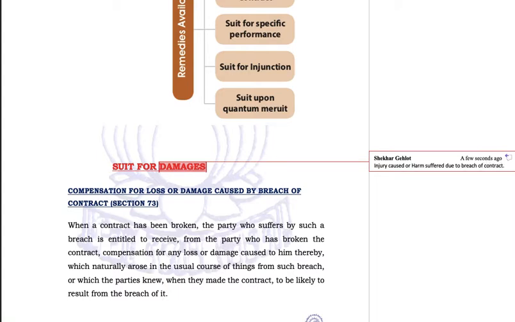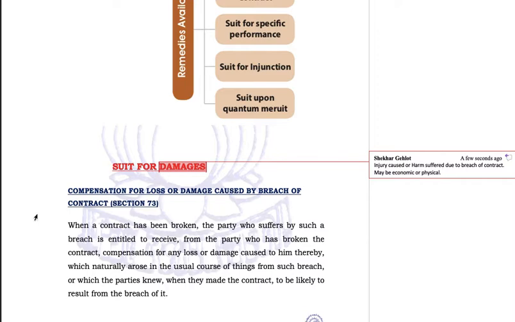Okay, that is injury caused to the other party, or the harm suffered due to breach of that contract. Injury may be economic, mostly it is economic, or physical as well. Okay, it may be physical as well or it may be economic. It may be to the goods, in relation to the goods as well.